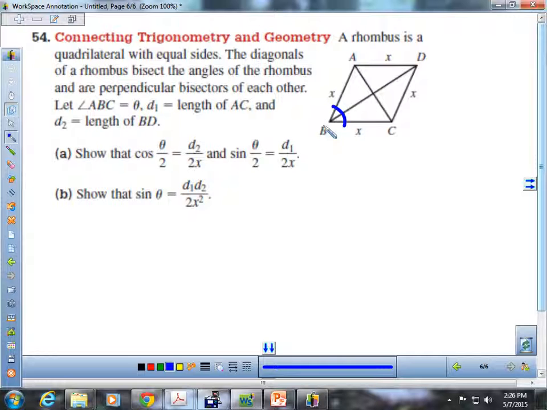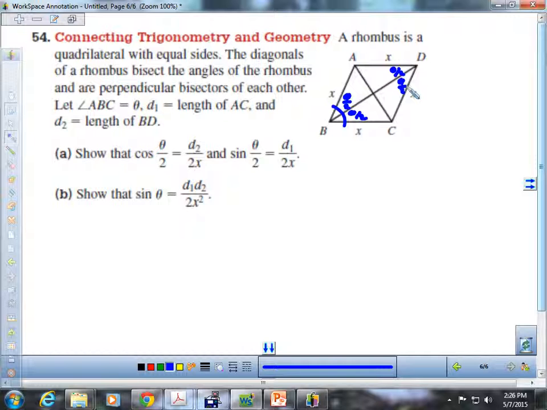That's theta. But what does the diagonal do to the base angle? So this up here is theta divided by 2, and this down here is theta divided by 2. This up here is theta divided by 2, and that's theta divided by 2, because opposite angles of a rhombus are congruent to each other.